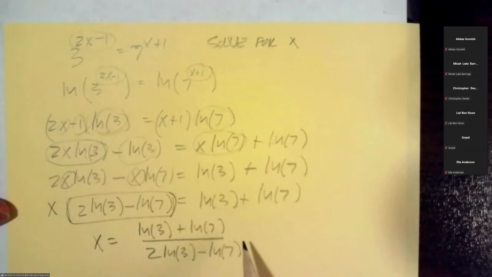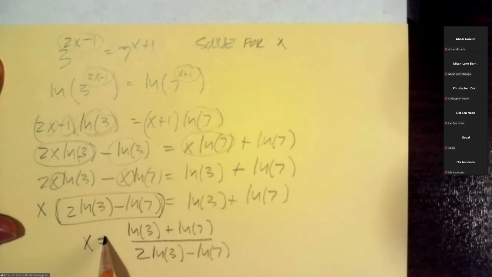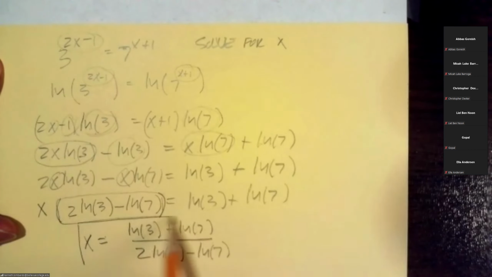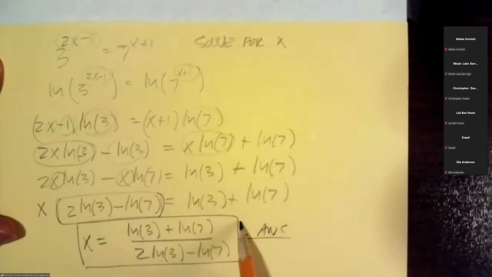At this point, we could say that the exact solution is going to look like ln 3 plus ln 7 over 2 ln 3 minus ln 7. So I'm going to say that's an exact solution. I'm going to put a box around it, put an arrow to it and say, there's my answer.